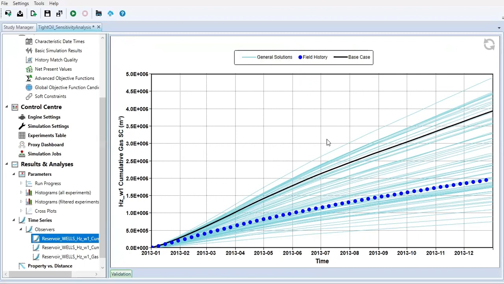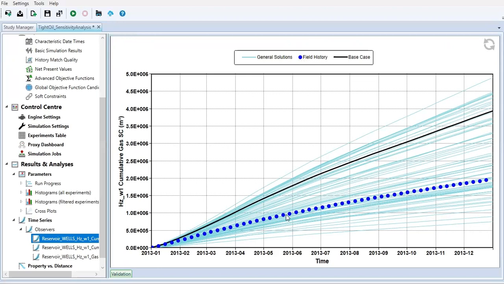This one is the general solution, all the solutions that we generate from our experiment. And the black line is the base case. We have the base case from our builder, right? And these blue dots are the field history.